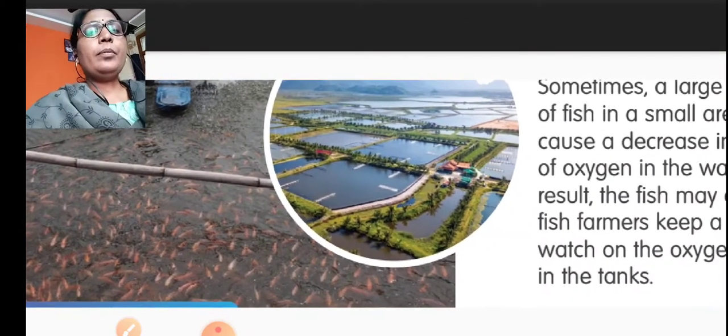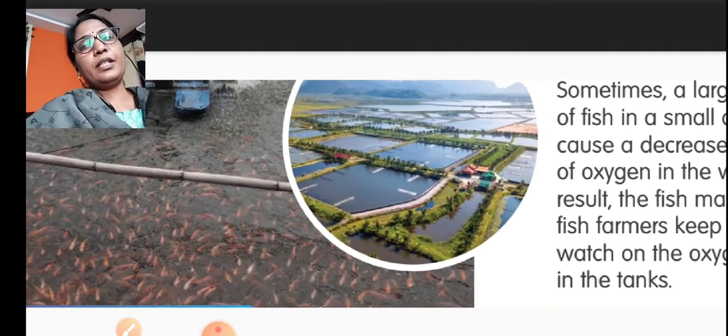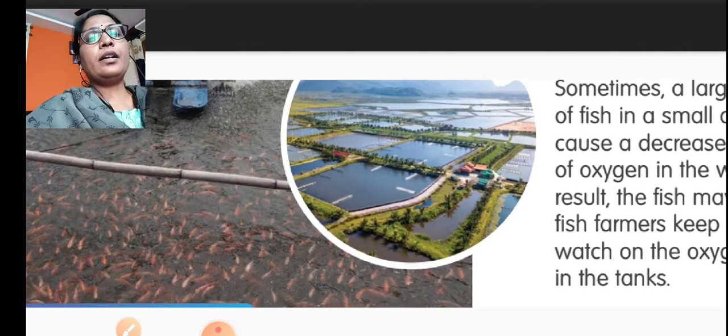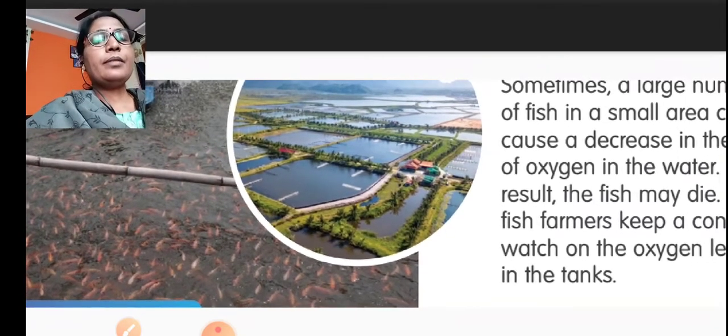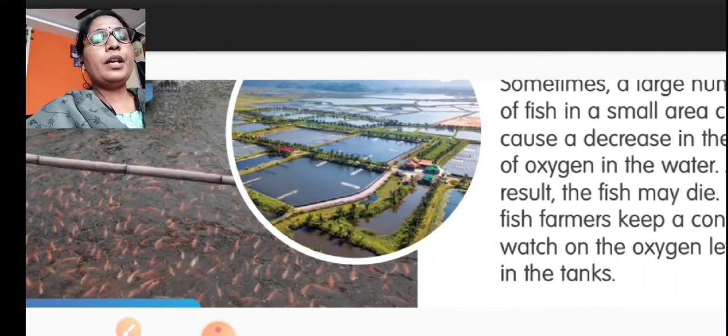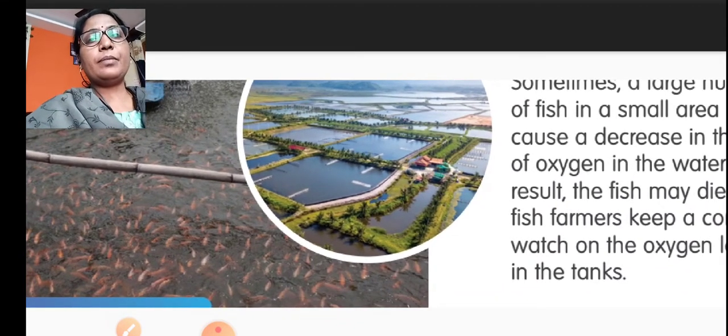But the only problem in fish farming is that if so many fishes are grown in a small area, the oxygen level gets reduced. The oxygen level should be maintained, otherwise it may harm the fishes and many fishes may die.